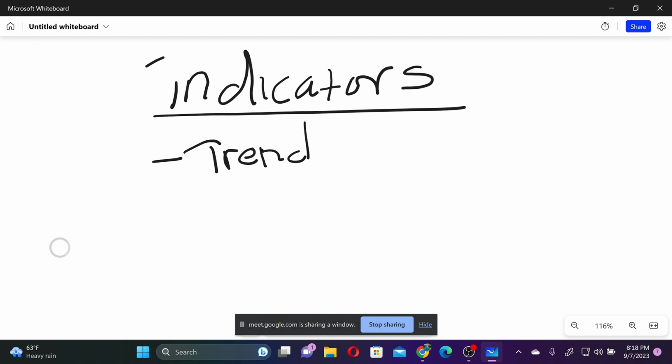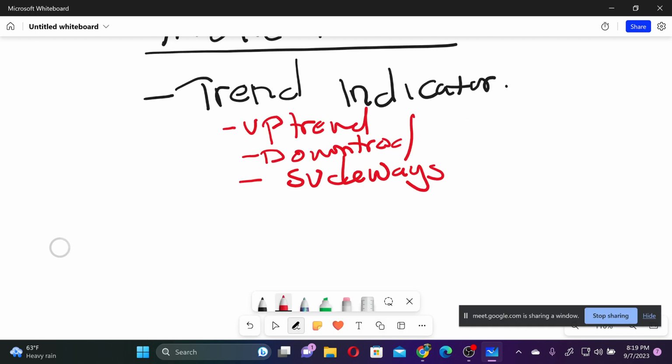So we have all these trend indicators, and after trend indicators we have momentum indicators, volatility indicators, and volume indicators.